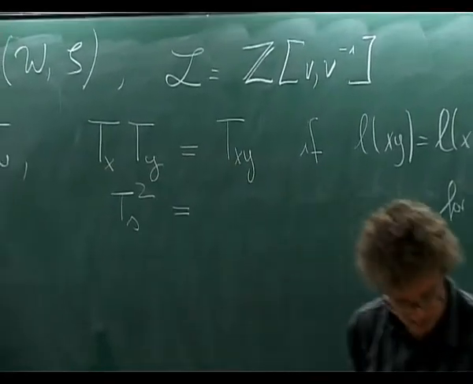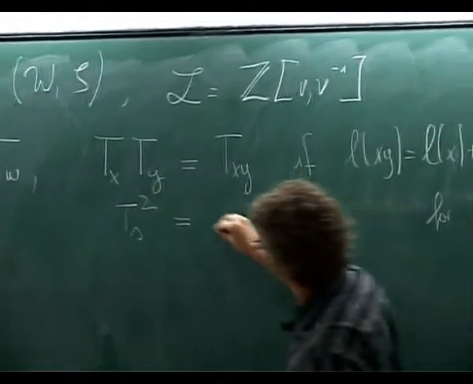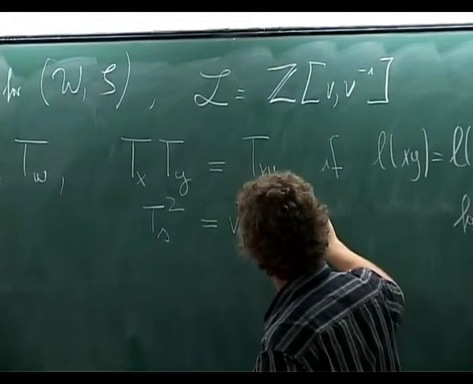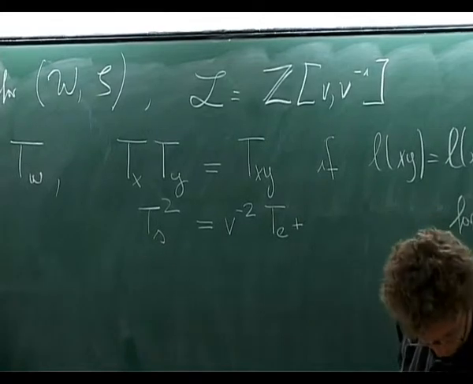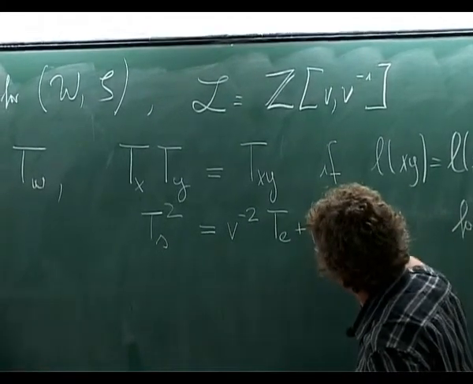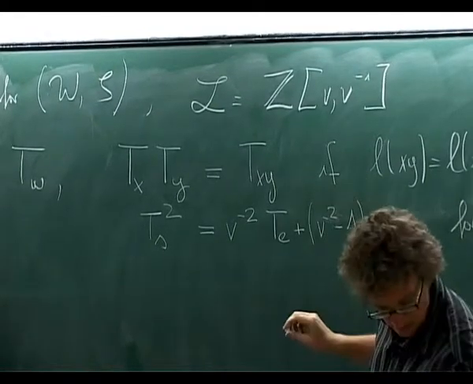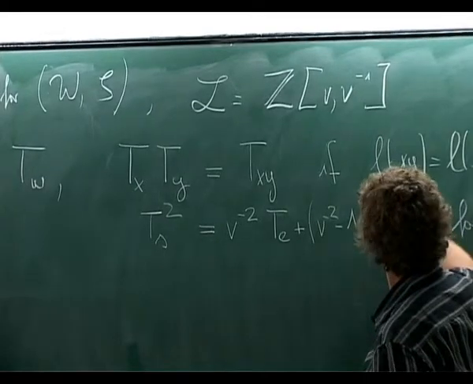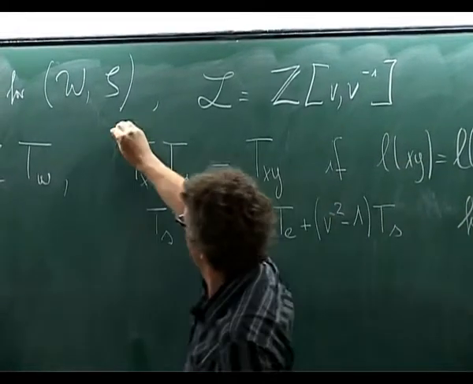So T_s squared equals, let me just look it up, v^-2 times T_identity plus (v^-2 - 1) T_s. So these are the two relations in the Hecke algebra.